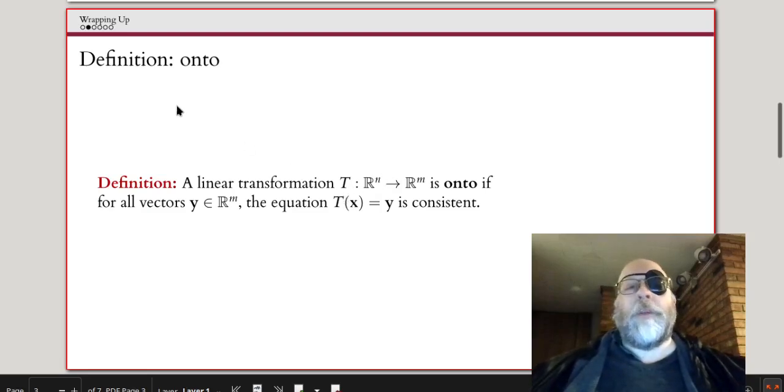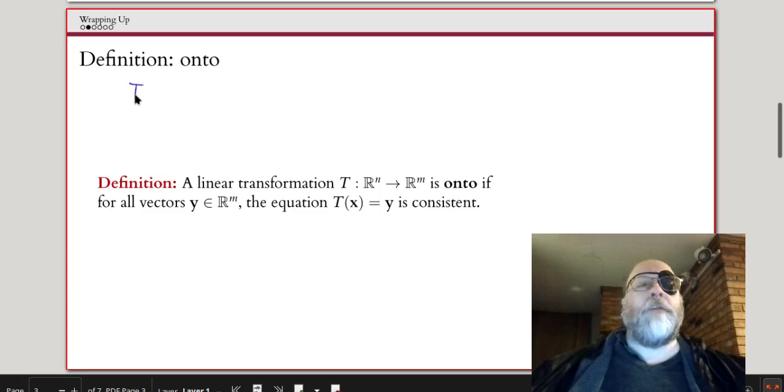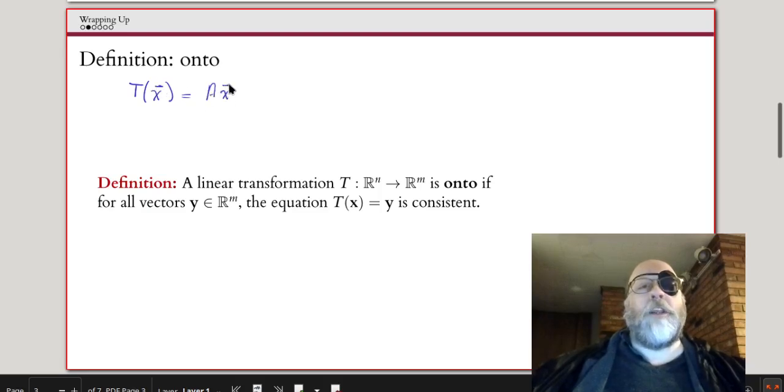A linear transformation, remember, is a function that sends a vector x to the result you get when you multiply a matrix times that x. So it sends x to a linear combination in which x is the coefficients in that linear combination.